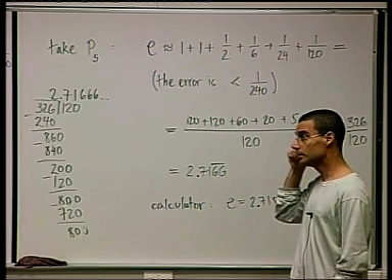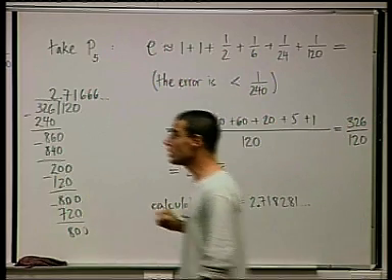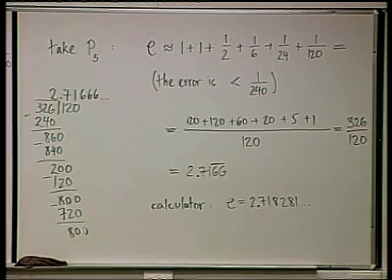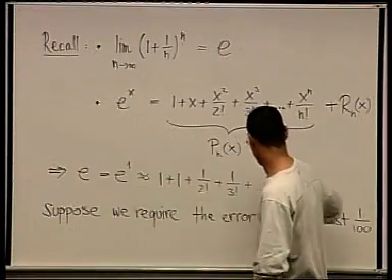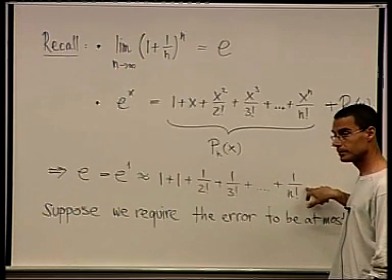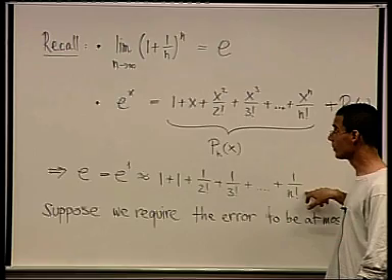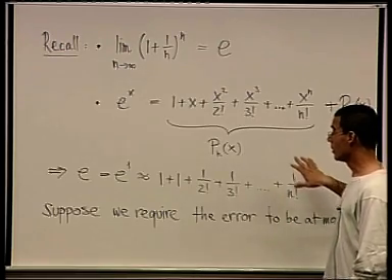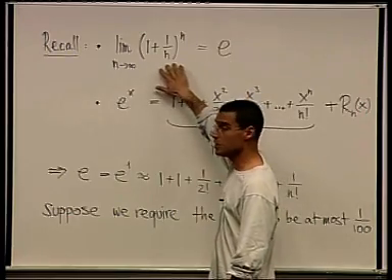So we use the function e to the power of x, right? And set x equals 1? Right. We took the Taylor polynomial corresponding to e to the power x, and we wanted to evaluate it at x equals 1, so that's how we got this. So what if we want to use e as (1 plus 1 over n) to the power of n? I don't understand the question. That's how we defined e, as the limit of this sequence.